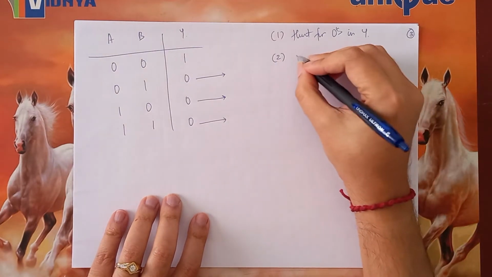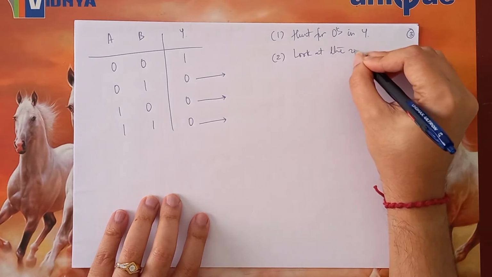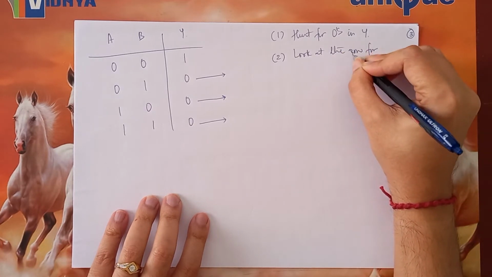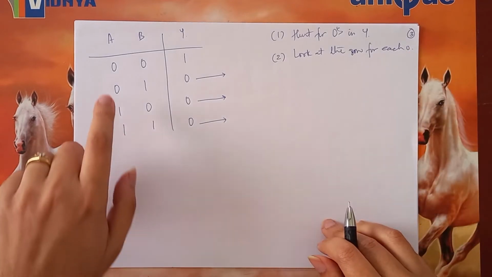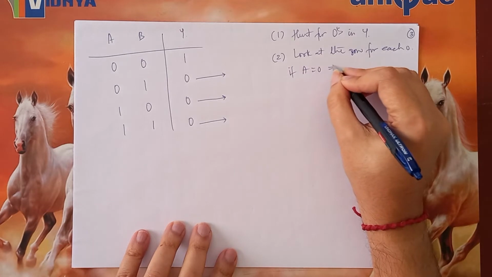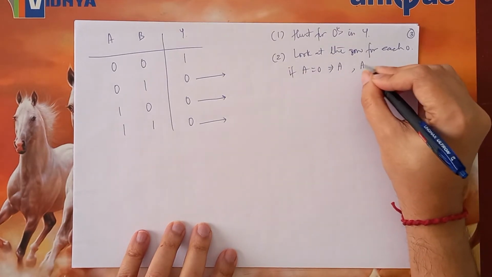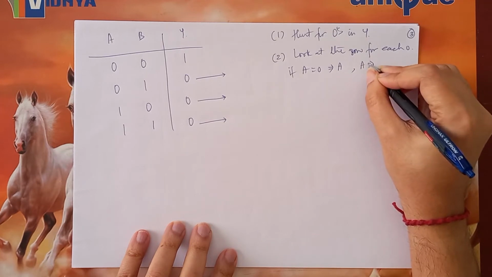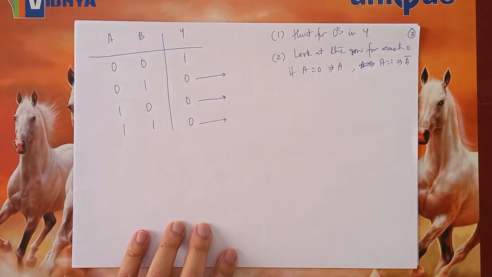Step 2 is look at the row for each 0. Now over here, if A equals 0, it is the opposite. That means it is no bar. And if A equals 1, this indicates A bar.